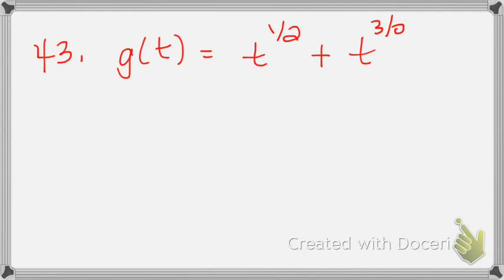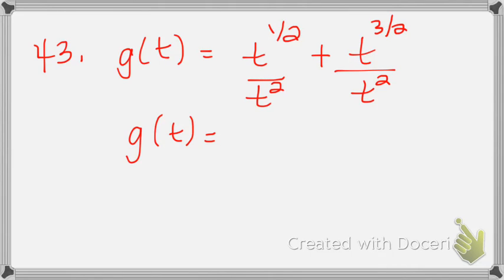43. So on this one, I'm going to have to multiply out the top and then divide it by the t squared. If I multiply out the top, I get square root of t times 1, which is square root of t, or t to the 1/2. Then if I do the square root of t times t, that's t to the 1/2 times t, so that's t to the 3/2, and then divide them both by t squared. So then I'm not ready for the derivative yet.